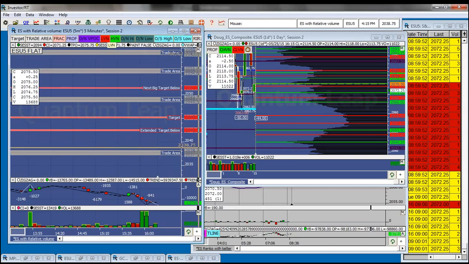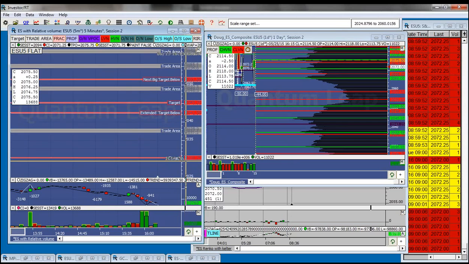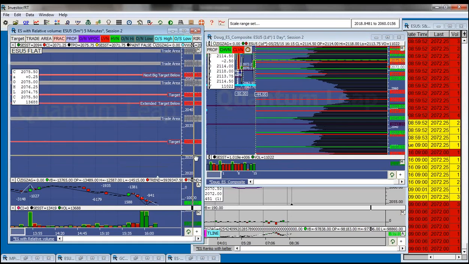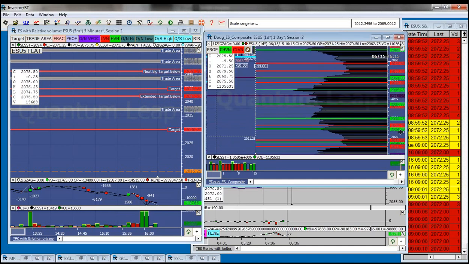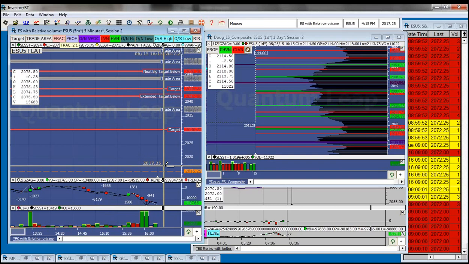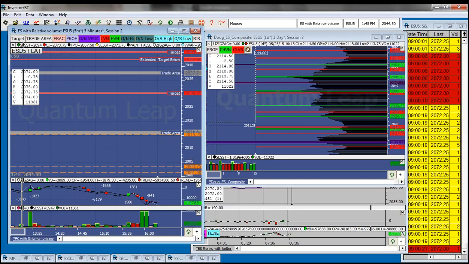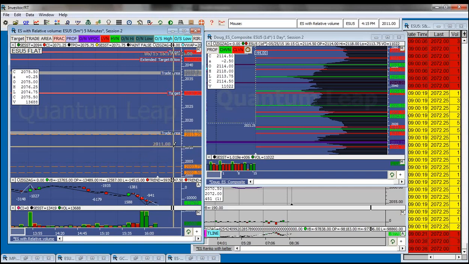And then below that, you've got 37.75, and then 30 1/4, and then you've got the 15.75, which is just above that naked close, and then, of course, the very, very extended target down at 2011 1/4. And I think we're going to see 2011 1/4 if we get below that 62.